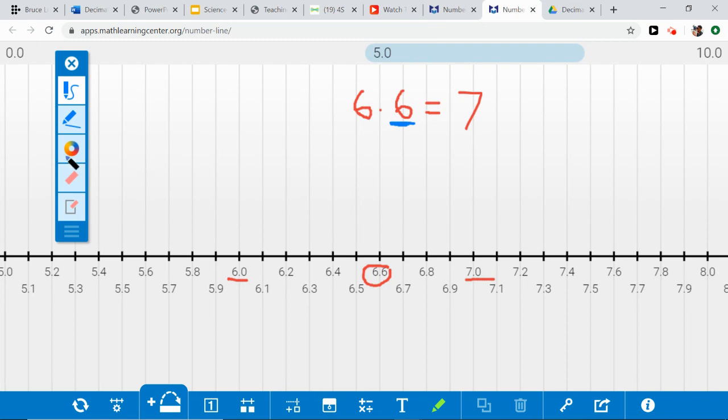Let's just do one more. For this answer, try not to look at the screen. Let's do 7.2. What's 7.2 rounded to the nearest whole number?